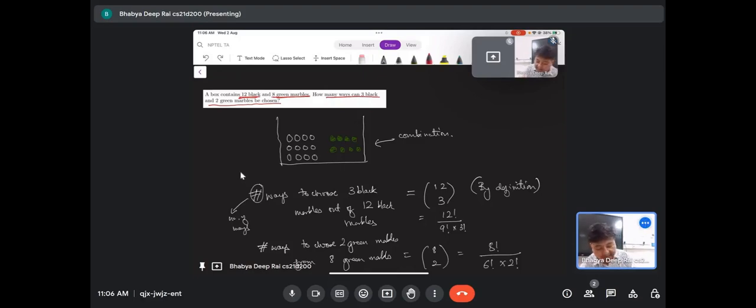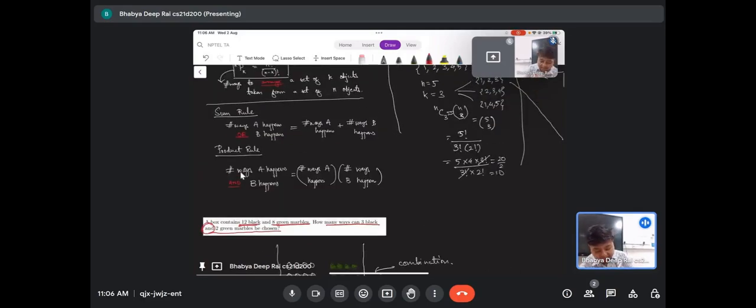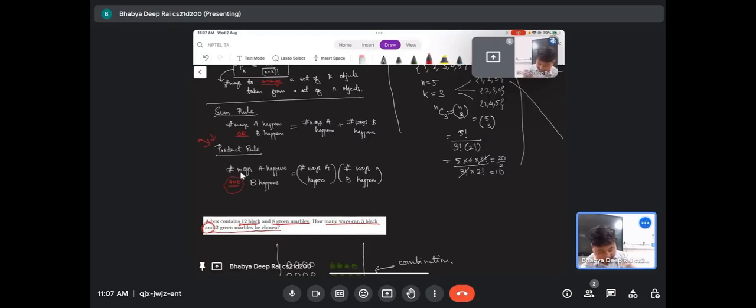The answer is that we use the product rule because there is an "and" here, and since there is an "and", we should be using the product rule. If it's 3 black marbles or 2 green marbles, then we should be using the sum rule. Okay, good. Now we know what rule to use. So let us just simply use that rule.